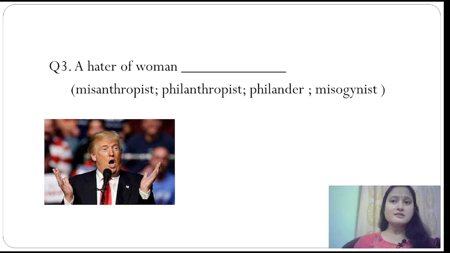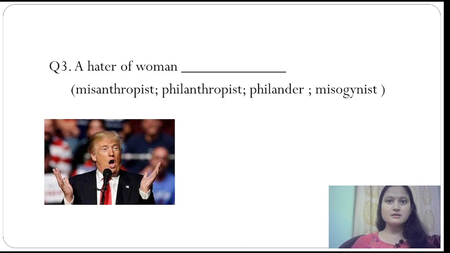And the last option, if you see, is misogynist. A person who hates women will be a misogynist because you must have heard this word gynae. This gynae word is for female doctors. You must have heard, okay, gynecologist, you must be aware of this. So from this you can learn that gynae word is for women.